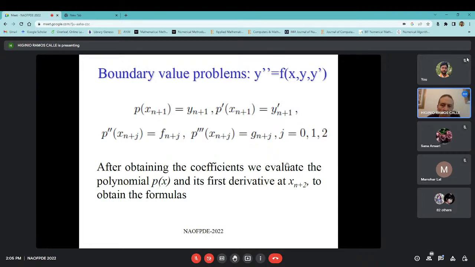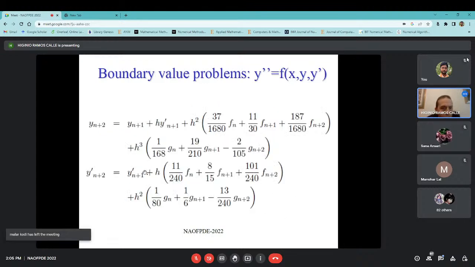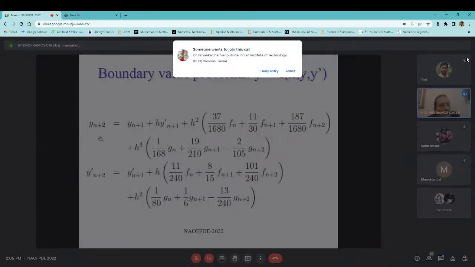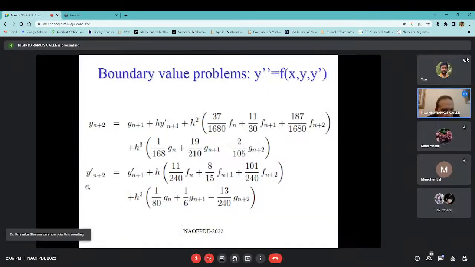Applying the polynomial and the first derivative at the point x_{n+2}, we obtain those formulas. So in this case, we have 2 formulas, one to approximate the solution of the problem, one to approximate the first derivative of the problem.